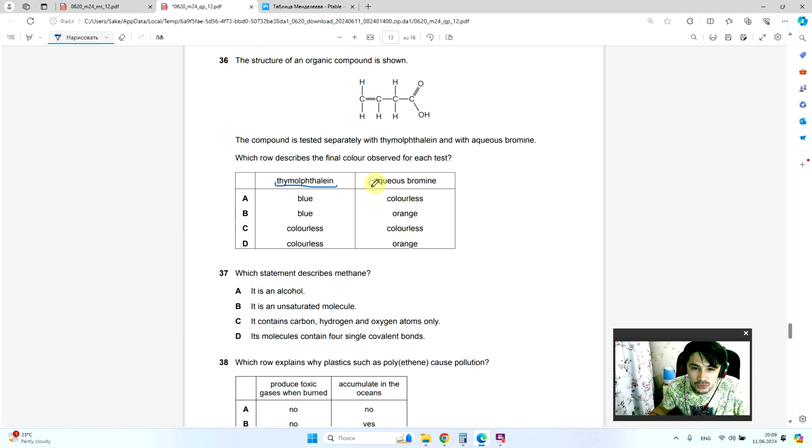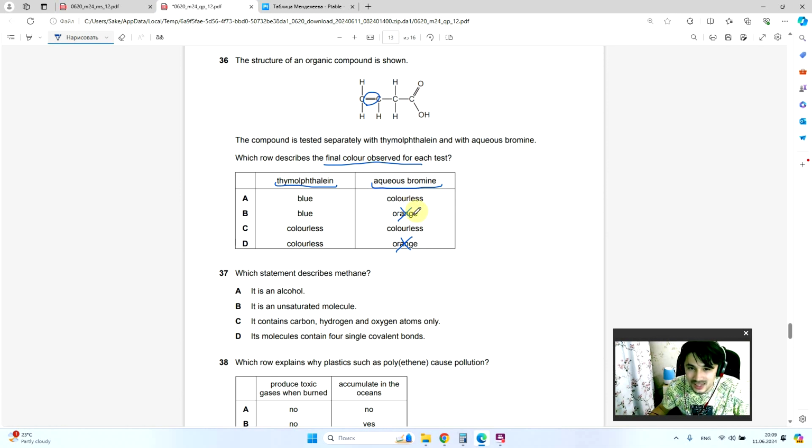And for aqueous bromine, you need to know what substances can react with aqueous bromine and what the color change is. Aqueous bromine is used to test for the presence of double bonds. We see the double bond here, so it means that aqueous bromine will react with it. So the final color of aqueous bromine would be colorless. So you can get rid of orange colors here, it's going to be colorless.